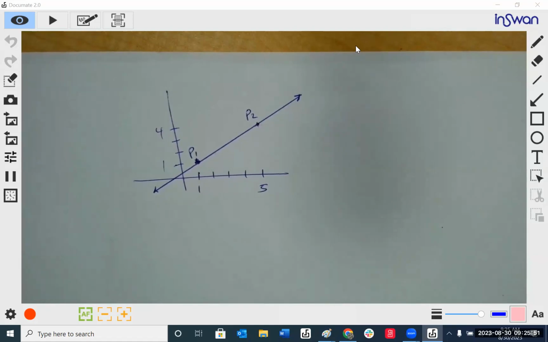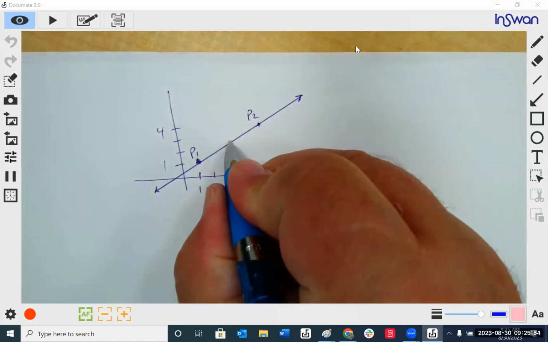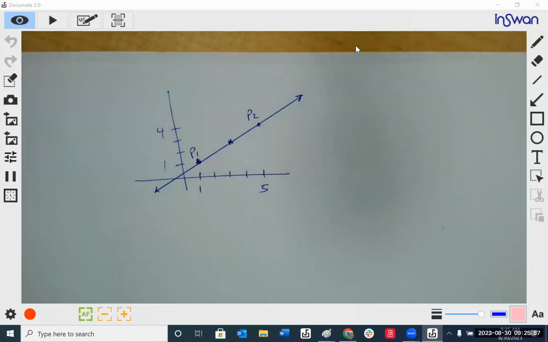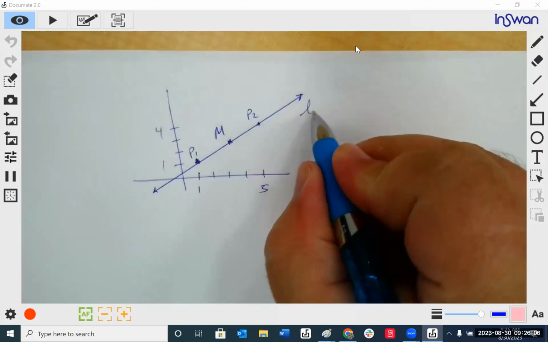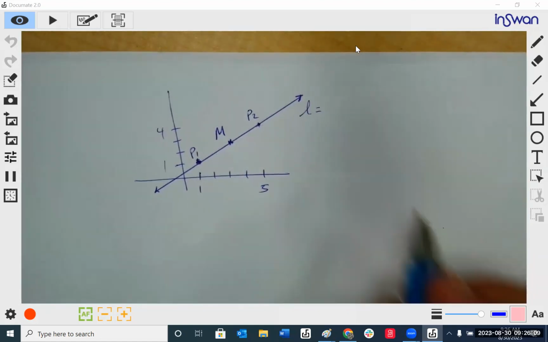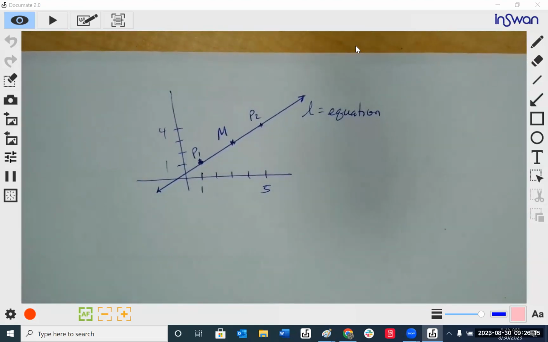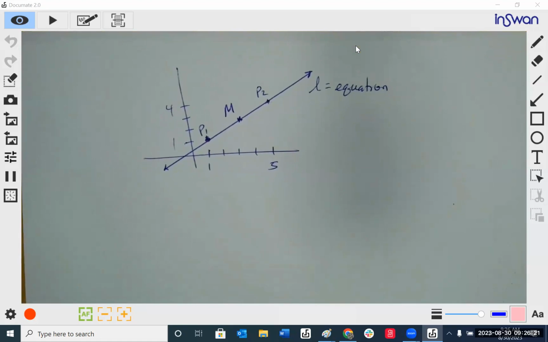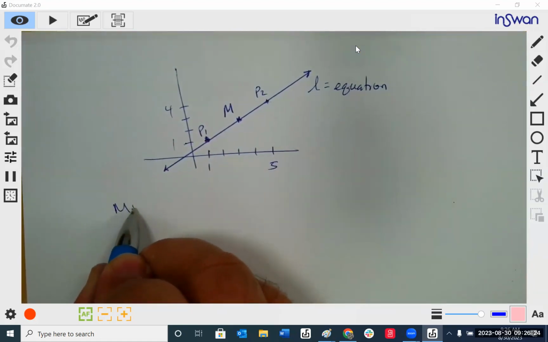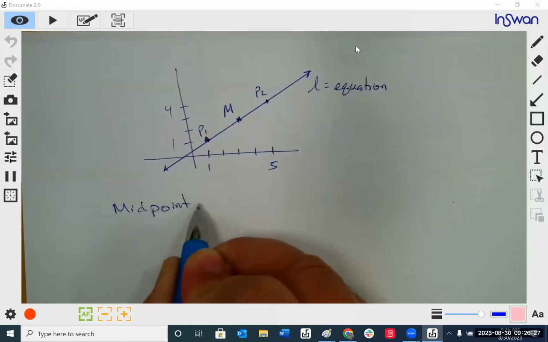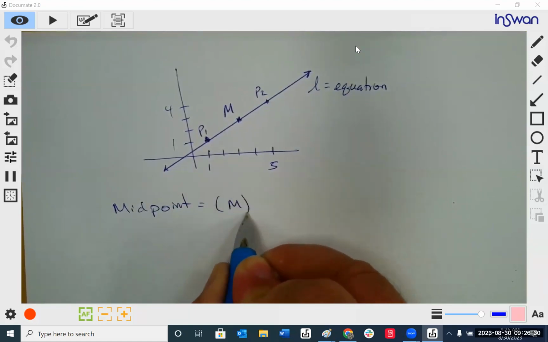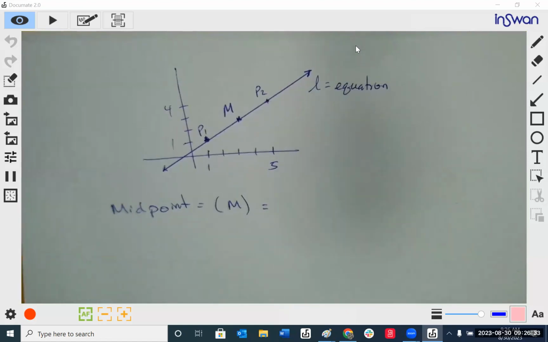There are 2 more things we need to find. What is the point halfway between point A and point B? That's called a midpoint. It's capital M. And then our last thing is, what is the equation of the line? Because then we have everything we need to know about that line. The midpoint, or the capital letter M. What does midpoint mean?